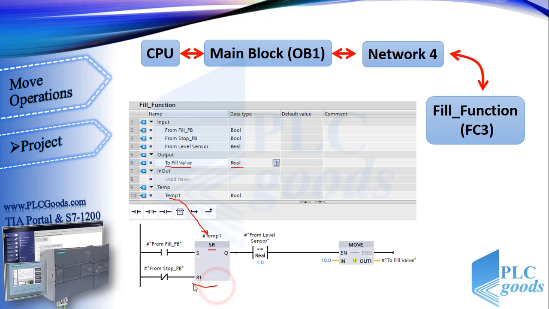In this function, first, I save the start and stop filling requests on the local bit memory, like the previous project. If the level sensor is less than 1, this program sends the number 10 to its output, which will turn on the fill valve completely. Other conditions can be inserted here, like the first function.